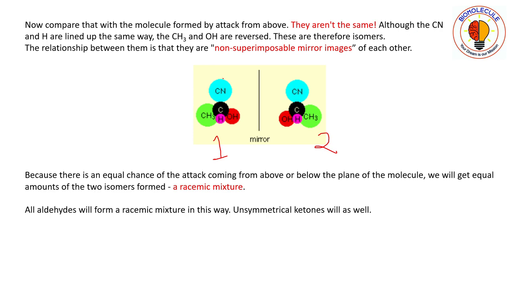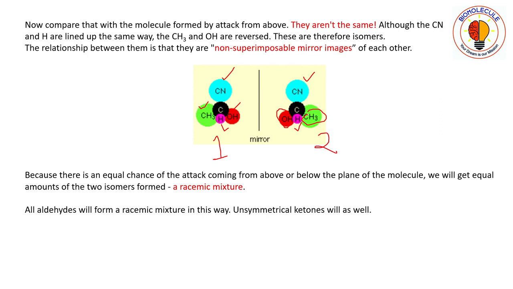Here you can see that the cyanide and hydrogen both are in the same position, but if you look closely, the hydroxy and methyl group, the red portion is hydroxy and the green portion is methyl, are reversed.